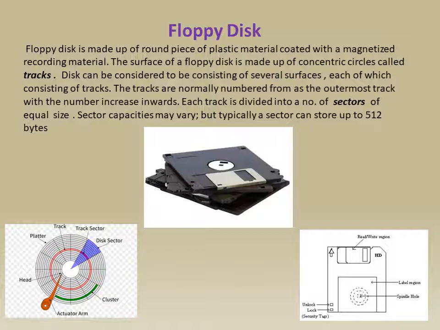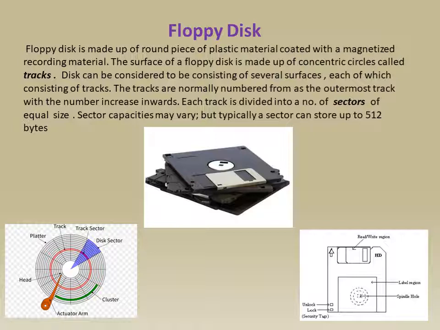Every surface is divided into concentric circles called tracks. The tracks are normally numbered starting from the outermost track, with the number increasing inwards. Suppose the outer track is number one, then 2, then 3, and so on up to 10, 15, etc. So the numbering increases from outward to inward.